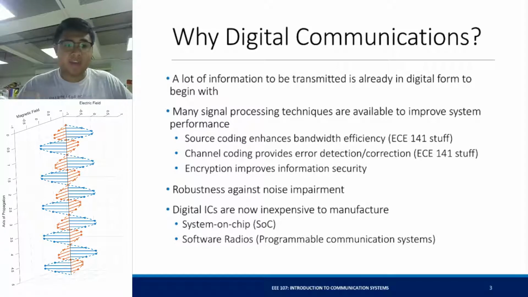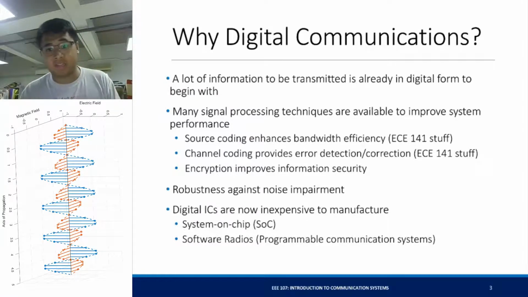Channel coding provides error correction, which when you transmit your bits over a channel, some of the bits will be received in error, but the machine has the capability to recover the original message based on its channel coding scheme. And of course, encryption, which secures your data over hackers or over malicious devices that try to gather or harvest data from your digital communication system.